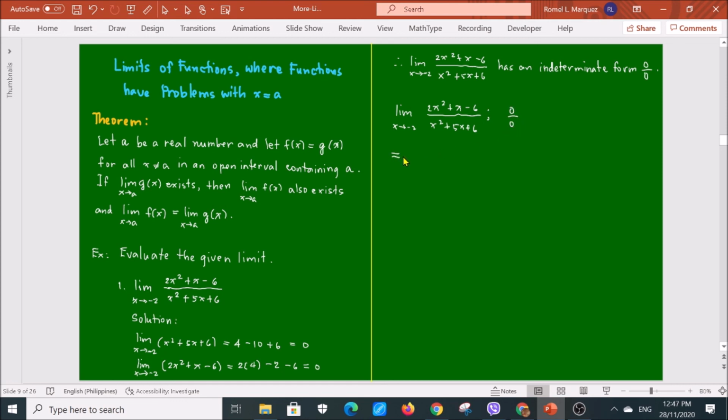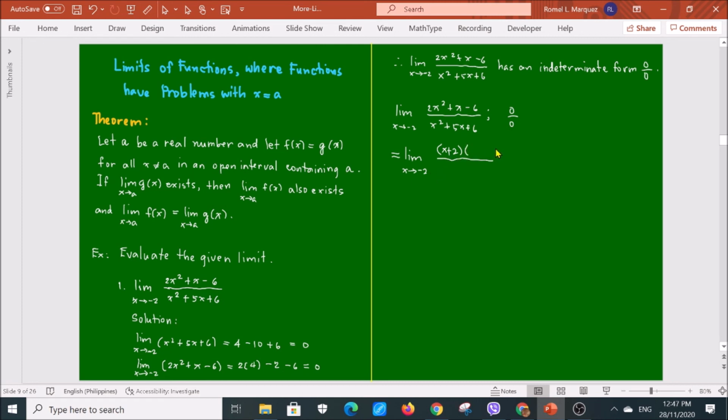So we now proceed. I can factor the numerator and denominator. If the numerator becomes 0 when x is negative 2, it means there is a factor x plus 2. So guaranteed there is x plus 2 here. If x approaches 2, it is x minus 2. If x approaches negative 2, it is x plus 2.